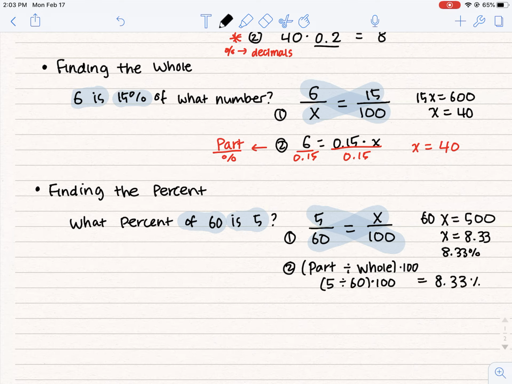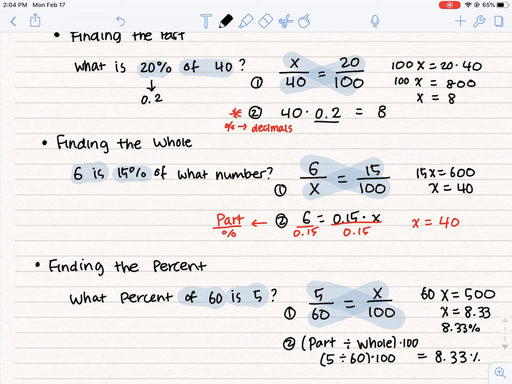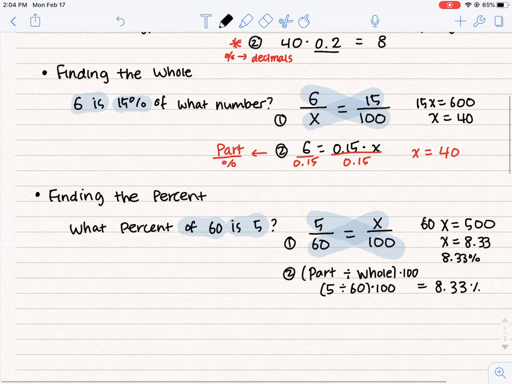So the third one, the last one, finding the percent, you're really just finding the decimal and then changing it into the whole percent. If you want to stick with the first method where you are setting up the equation, that is probably the most consistent way for you to work on it. But if not, you can go ahead and work on it using the second one, which involves using decimals.